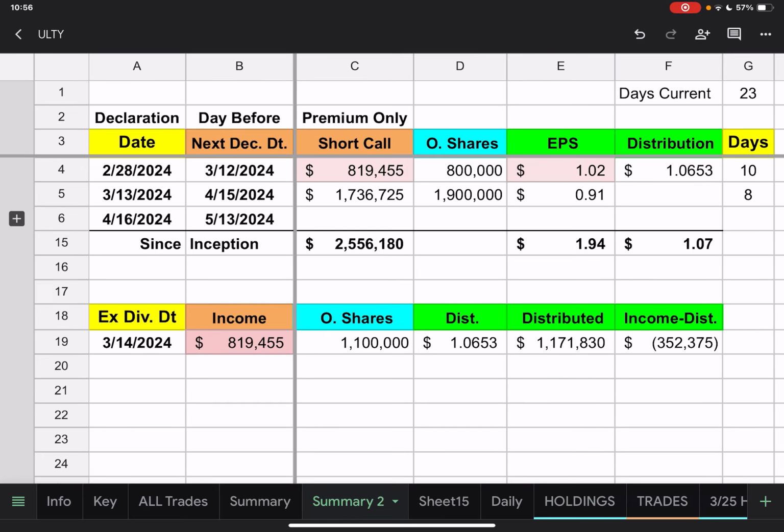So the question is, and I know Rod's thought about it and keeps track on his spreadsheet: do they take that out of future income, premium income? Or does it just come out of the NAV?